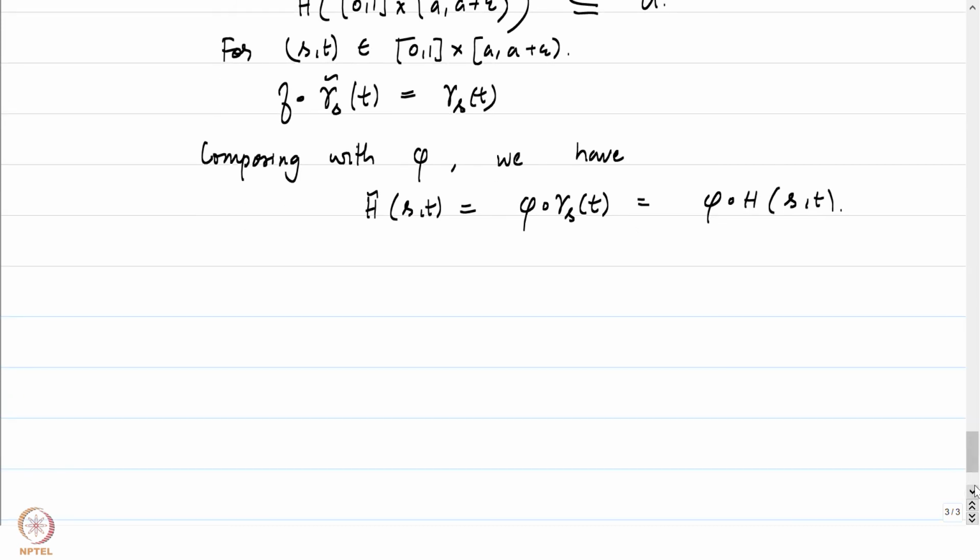This just tells us that h tilde restricted to [0,1] cross [A, A plus epsilon] is continuous.